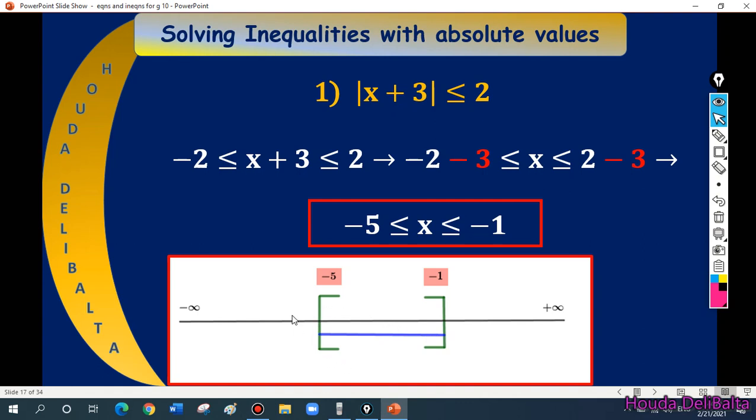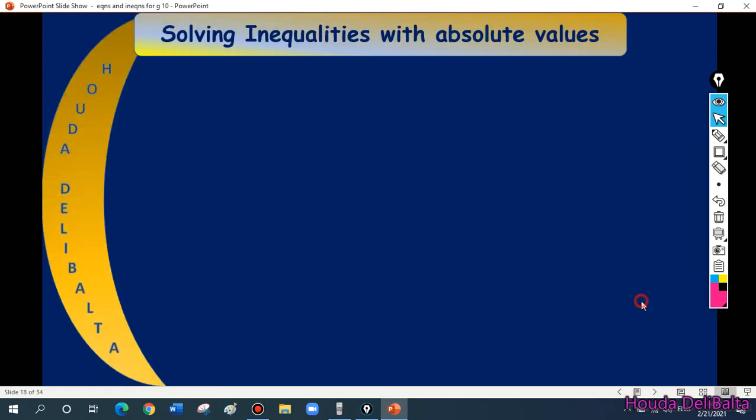At minus 5 we make it a closed interval, similarly at minus 1, because both numbers are included. So we must close the interval on them. The solution in interval form is very easy after the number line: the interval is minus 5 to minus 1, closed at both. And that's the solution.